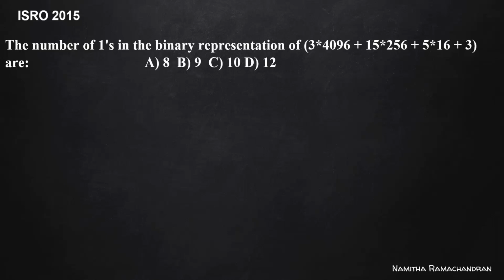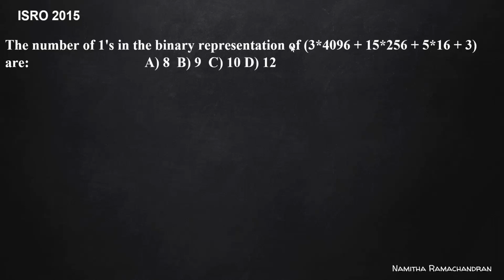Next is the number of ones in the binary representation of 3 into 4096 plus 15 into 256 plus 5 into 16 plus 3. We need the number of ones present in the binary representation of this.